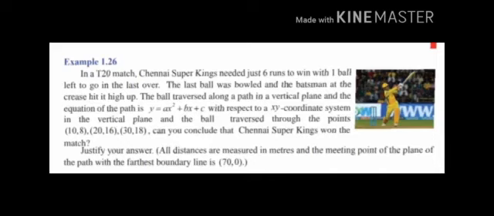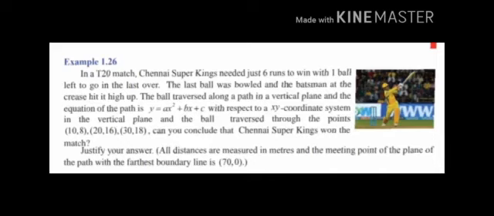The ball travelled along a path in a vertical plane and the equation of the path is y equal to ax square plus bx plus c with respect to the xy coordinate system in the vertical plane, and the ball travelled through the points 10, 8, 20, 16, and instead of 30, 18 we are going to take 40, 22. Can you conclude that Chennai Super Kings won the match and justify your answer?